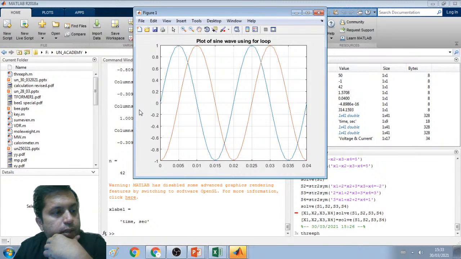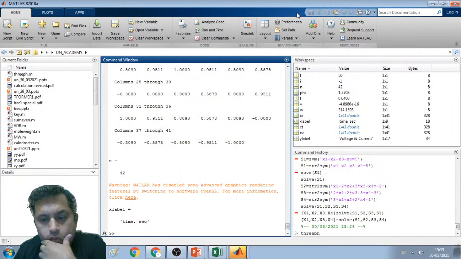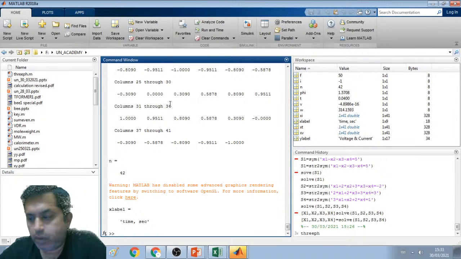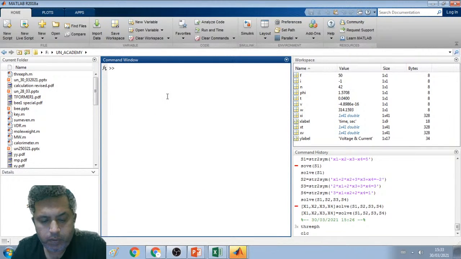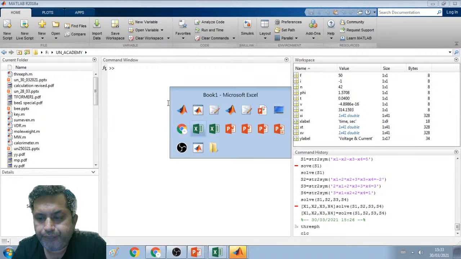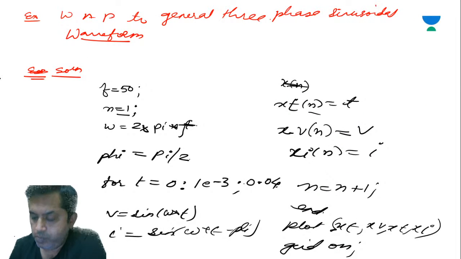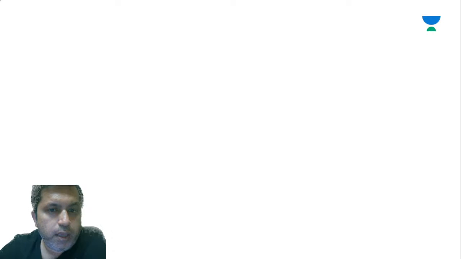Plot of sine wave, current and voltage. So this is how you get the sine wave.